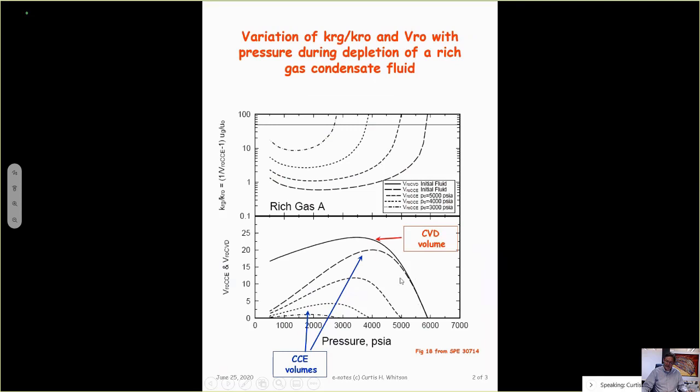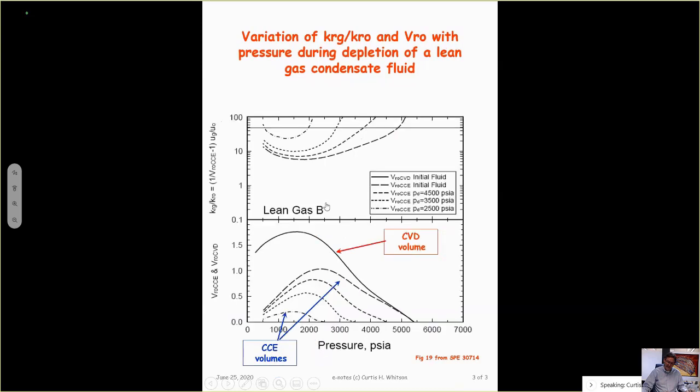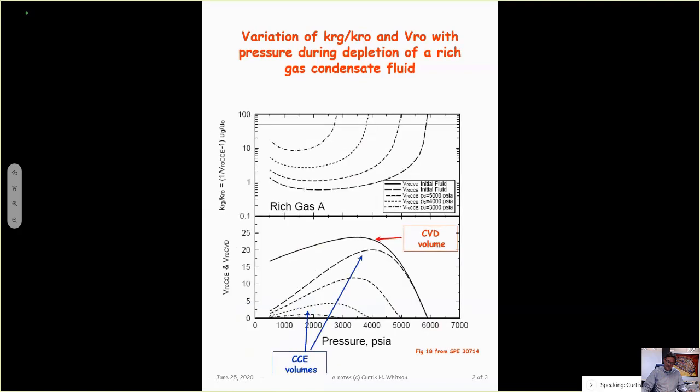We basically create different estimates of well stream compositions from the initial well stream to depleted gases. And for each of those well streams, we do a CCE to get the KRG, KRO figure shown on the curve above.